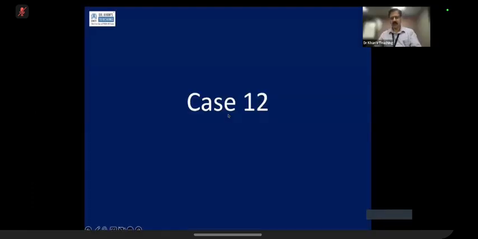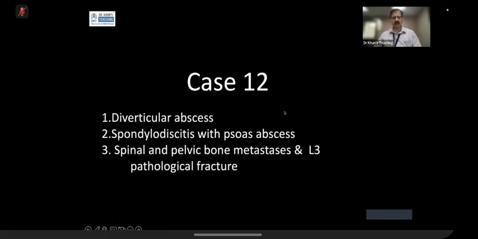So this is a classical case of satisfaction of search. You picked up the diverticular abscess. There was spondylodiscitis with a psoas abscess, and there was spinal and pelvic bone metastasis with an L3 pathological fracture.